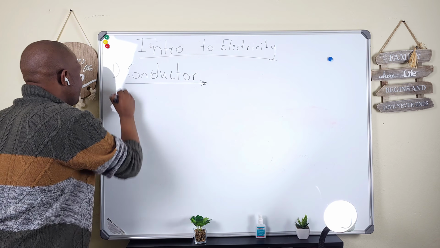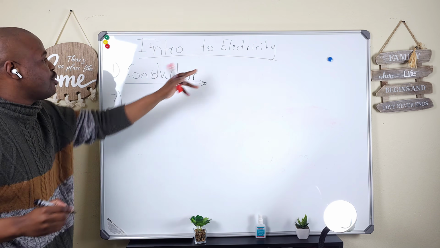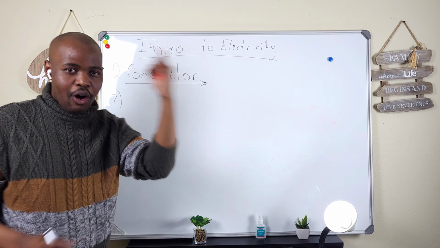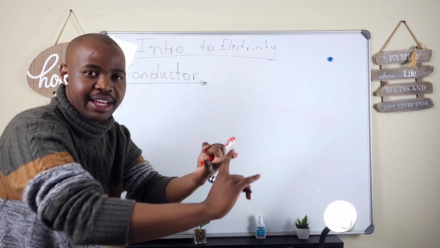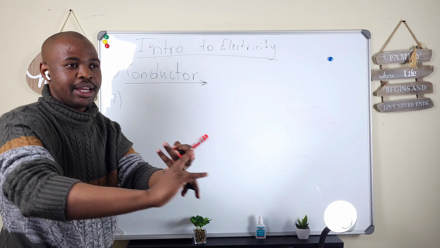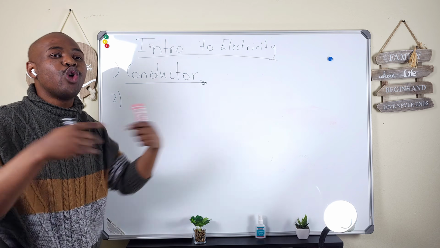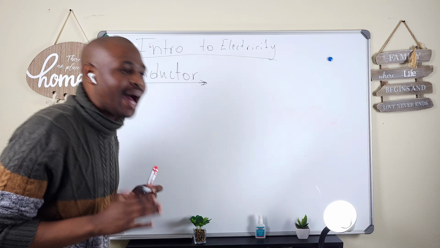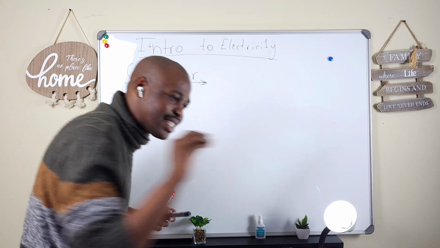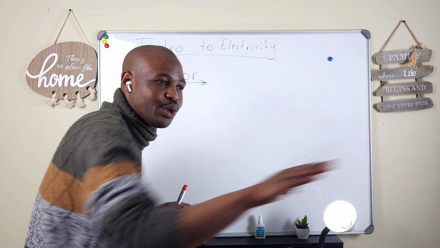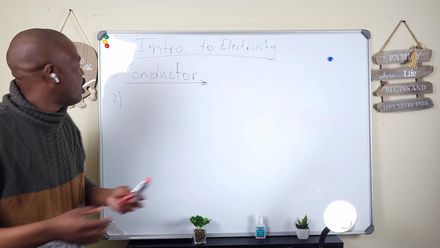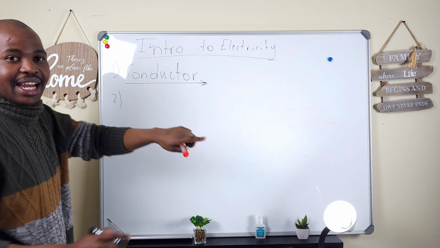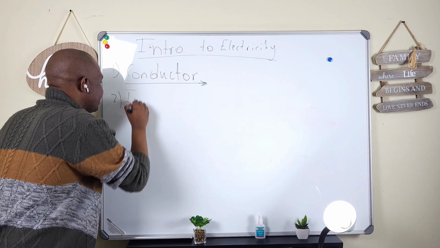Think of copper, silver, aluminium, gold. Those are good conductors of electricity. It means this material can pass a current flow through it with ease. Then another type of electrical material is the insulator.